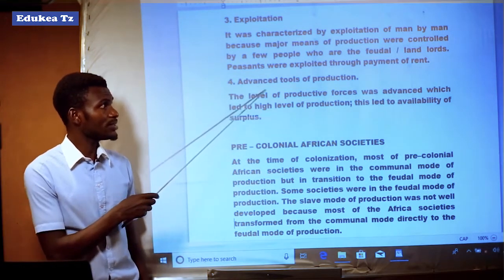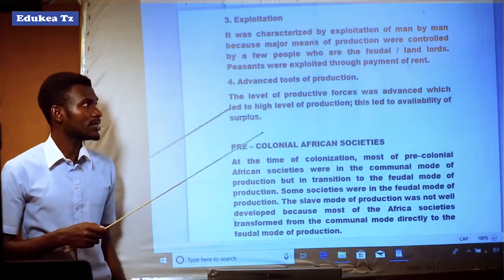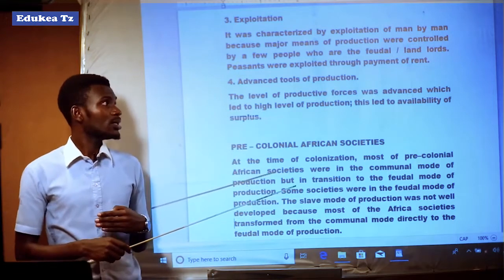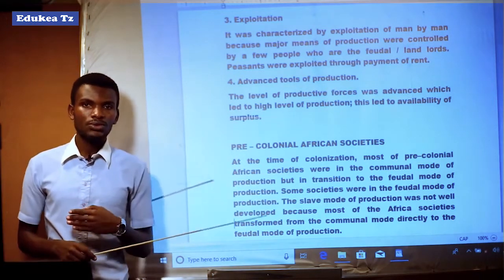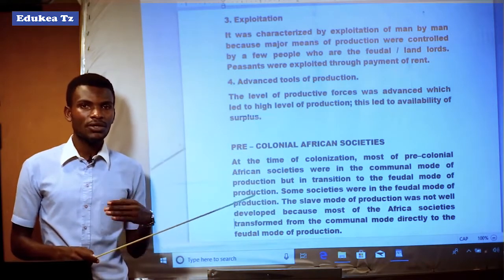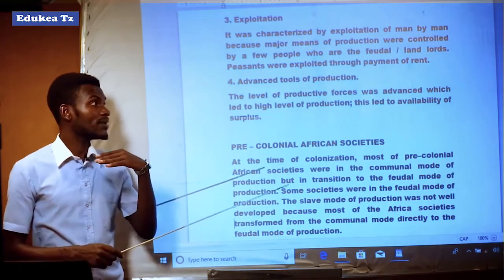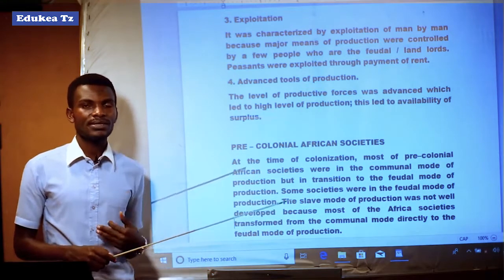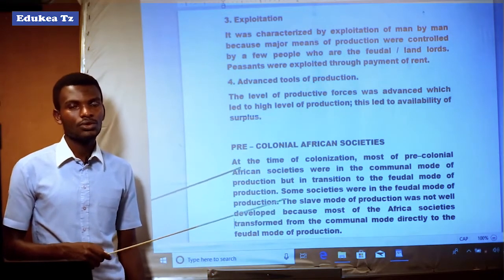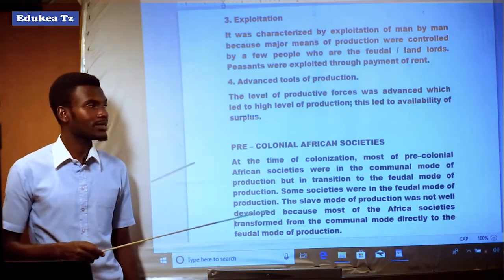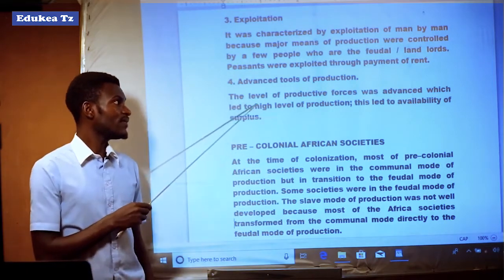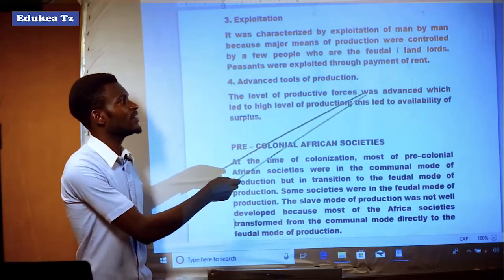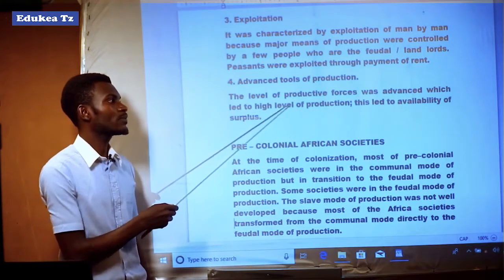Another was advanced tools of production. The tools which were used in production during the feudal mode of production were advanced compared to the previous modes of production, the communal mode and the slave mode of production. The level of productive forces was advanced, which led to a high level of production.